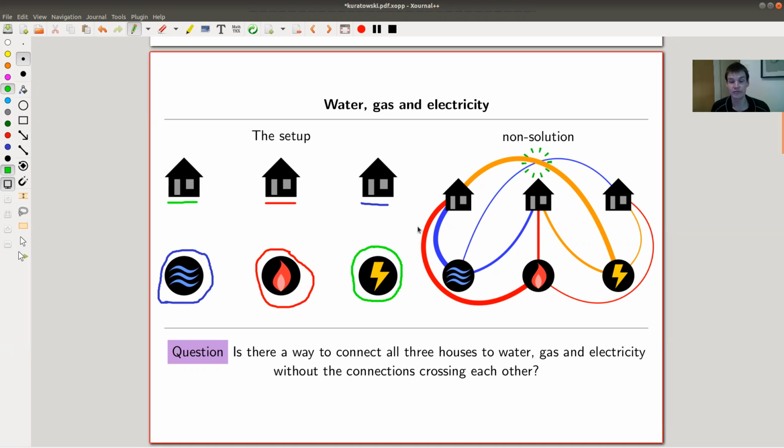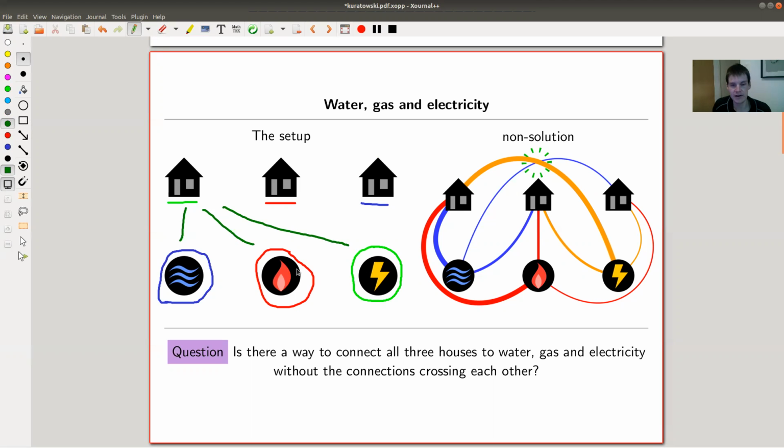So a house needs water, gas, and electricity, right? So you want to connect them. And by connect, I mean just draw a line, let's say something like that. And each house should go to each one of them, right? Each house should get water, gas, and electricity.